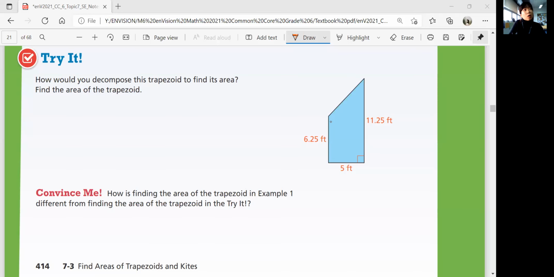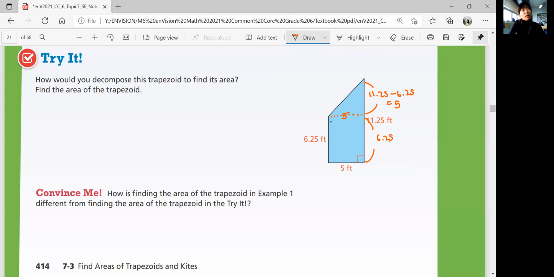Okay, so one way you can decompose this is into this triangle over here, where this part is 11.25 minus 6.25, right? And then this one is still 5 feet. So what's 11.25 minus 6.25? 5. So that part is just 5, and this part is 6.25.